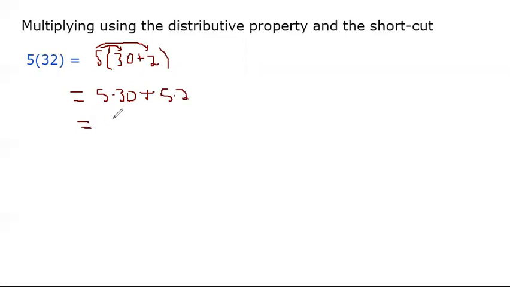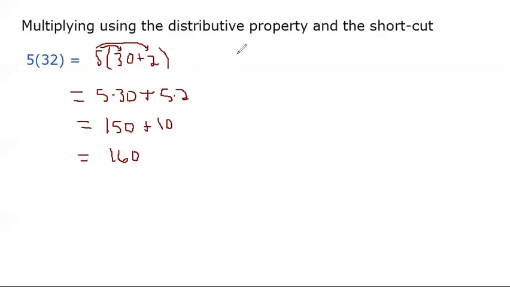And then remember, with 5 times 30, all you got to do is do the front end part. 5 times 3 is 15, and add the trailing 0 would be 150. 5 times 2 is 10, and 150 plus 10 would be then 160. So that's what that problem would look like using the distributive property.